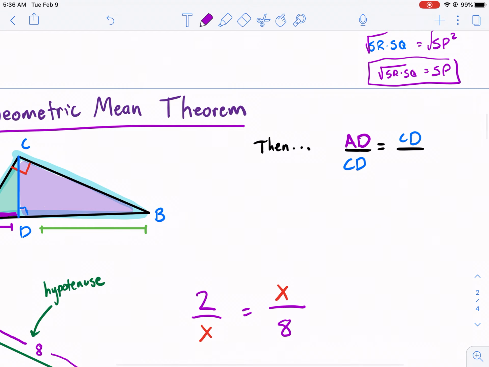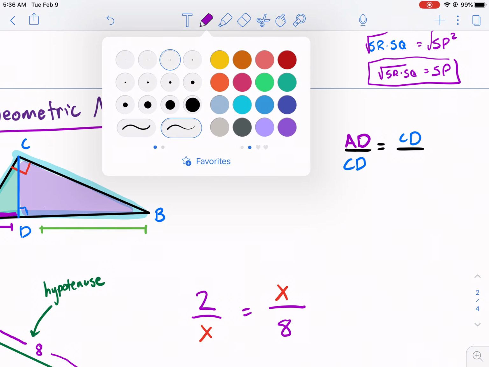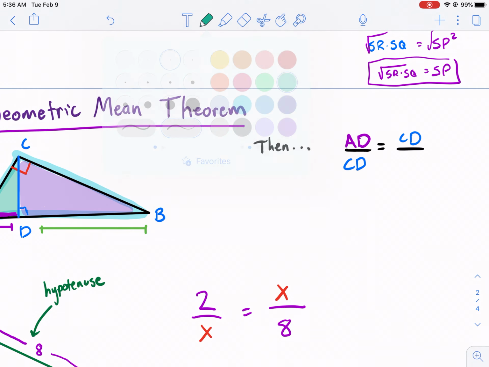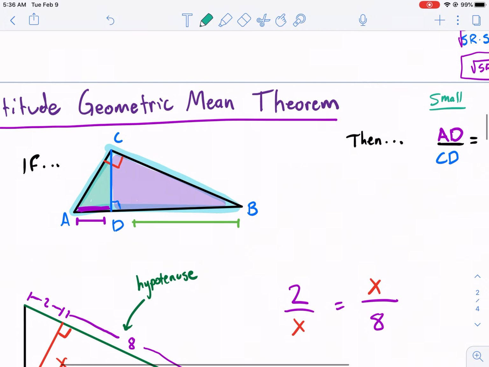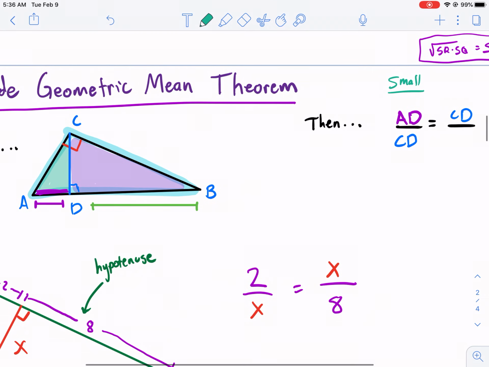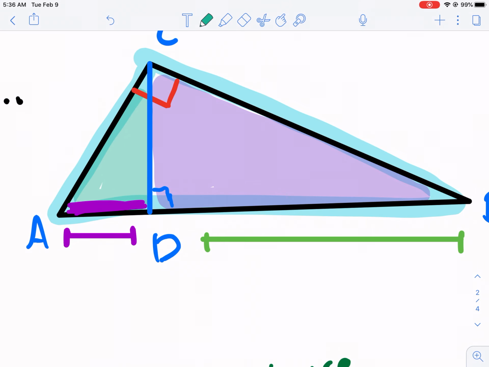So clearly we are comparing, let's move over here, the small triangle on the left. This whole left side is going to be the small triangle. Now AD, what side is it? This is where we go based off appearances, and as long as we go off appearances and set up a geometric mean, we're fine.